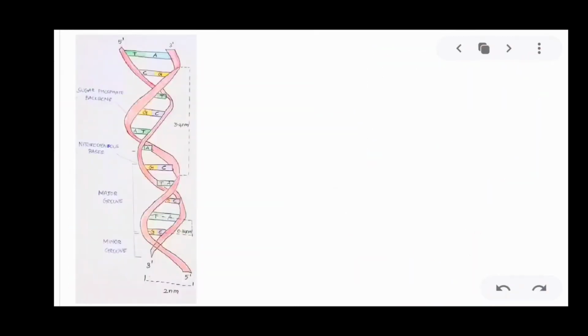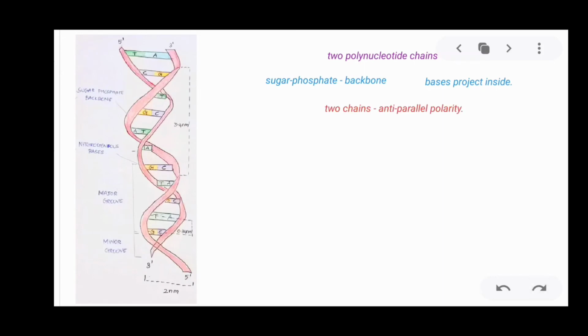So now let us see the structural features of the DNA. First we will put down the points, and then we will discuss each point individually. First, it is made up of two polynucleotide chains. Then the backbone of this DNA is the sugar phosphate, and the nitrogenous bases are projected towards the inside. Then the two chains have antiparallel polarity.